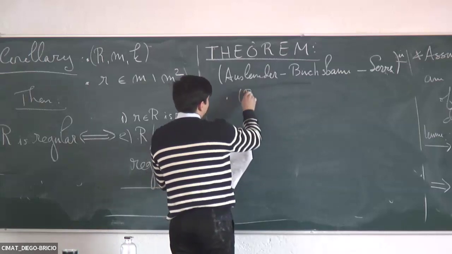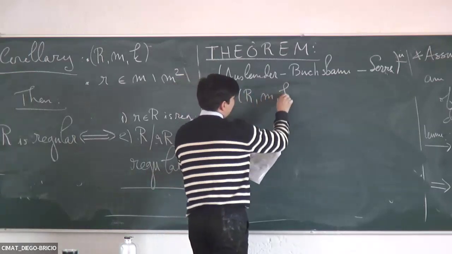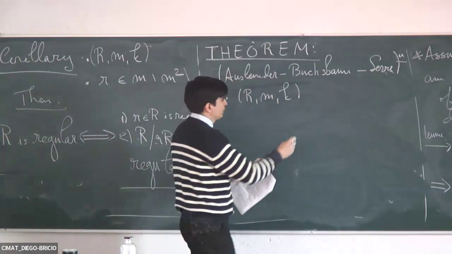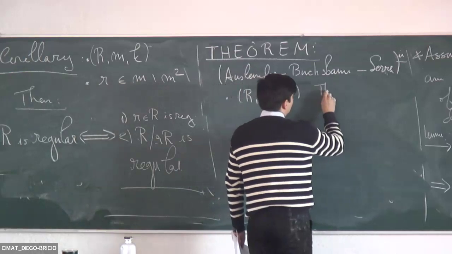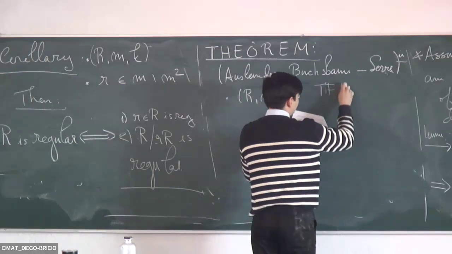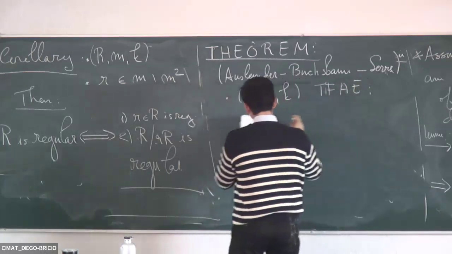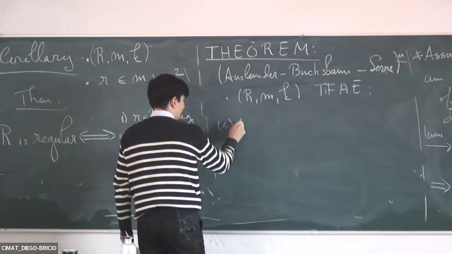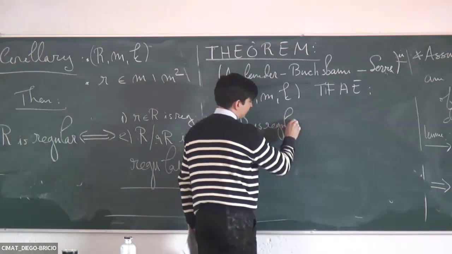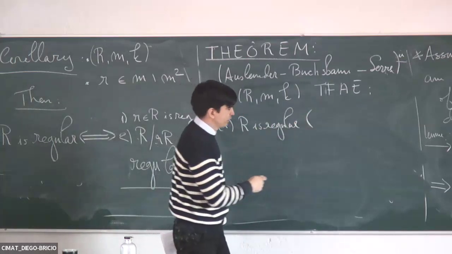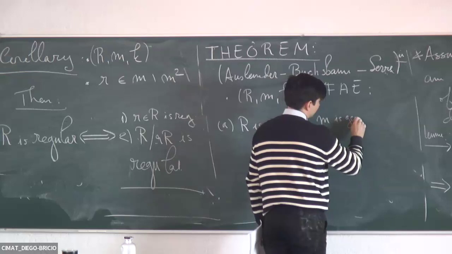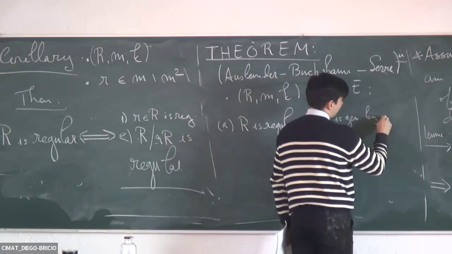Okay, take a Noetherian local ring. Then the following statements are equivalent. A, R is regular. In other words, according to what we just saw, the maximal ideal N is generated by a regular sequence.